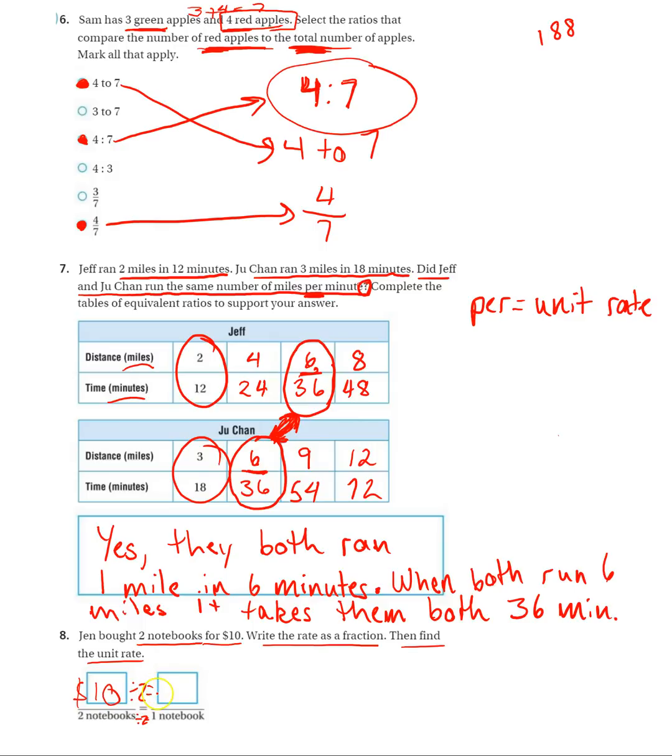So 10 divided by 2 would be $5. So here's my fraction, 10/2, and that is equivalent to my unit rate, which is 5/1. That's dollars. Let me put that little $ sign there.